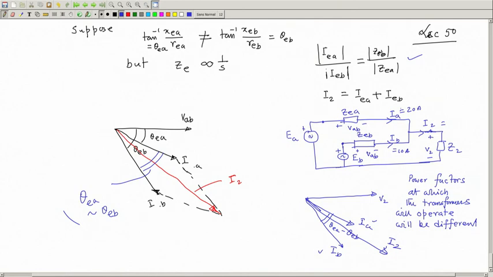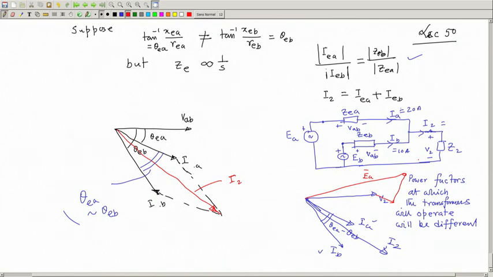Therefore, to get the EA back or EB back, you have to add, I will just indicate here, V2 plus IA RA plus IA jXA, like that, and you will get EA. Same thing you will get if you add to V2 IB RB plus IB jXB.